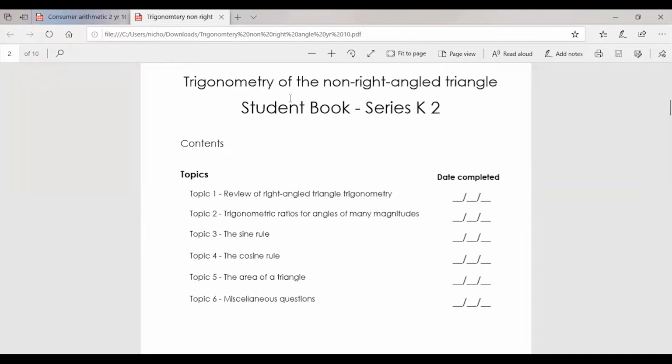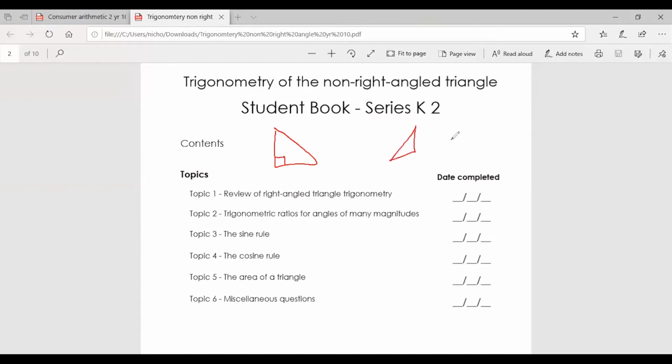In year 10, the trig you work through is mostly non-right angle trig, where we don't have that right angle triangle. You're used to working with triangles like this, but now we can work with any sort of triangle.